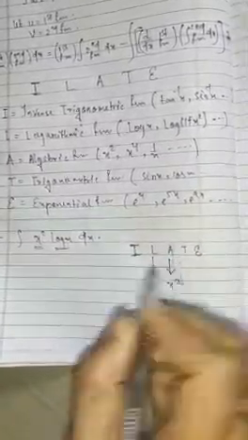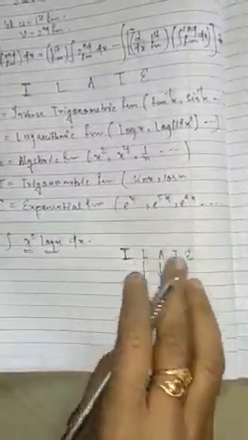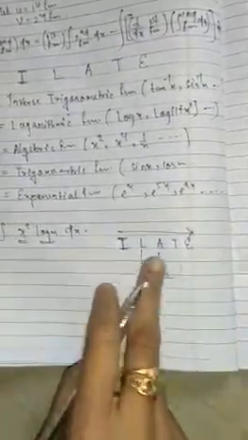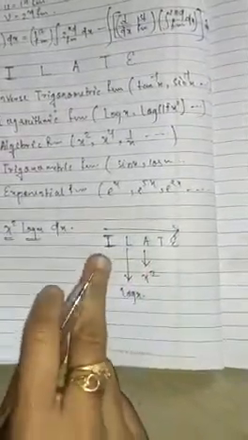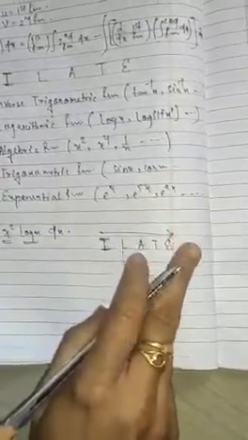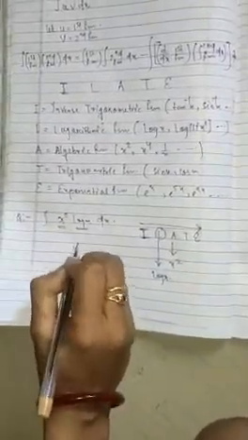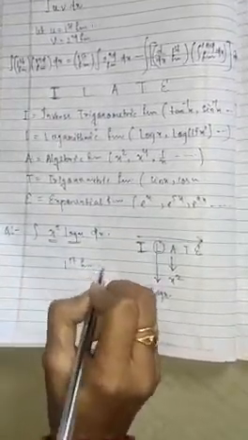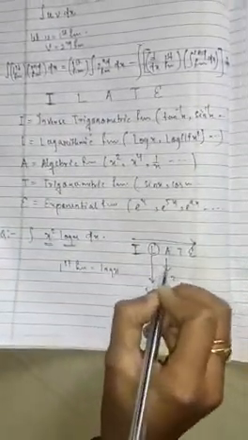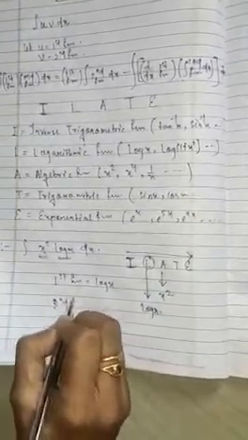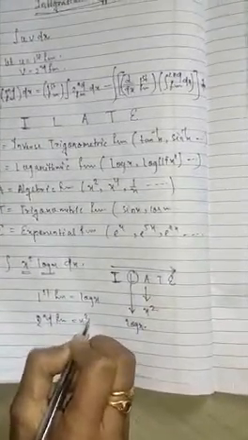You have to remember that in this ILATE rule we follow the order from left to right. So from left to right, the letter L comes first, so the first function is log x. A comes later, so the second function is x square.